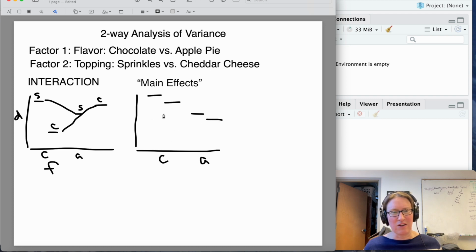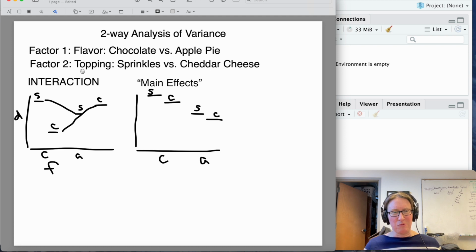So here's an effect of ice cream flavor. And maybe also, if sprinkles is always better than cheddar cheese, right? Something like this, right? This is a situation where both flavor and topping are significant, but there's no interaction between them, okay?